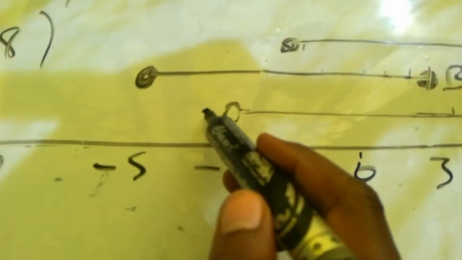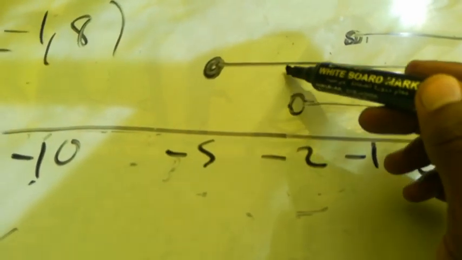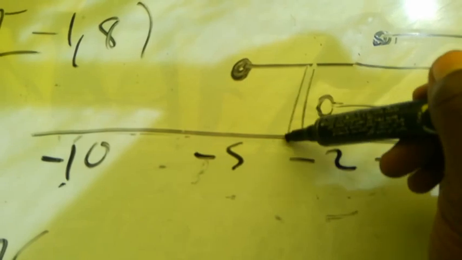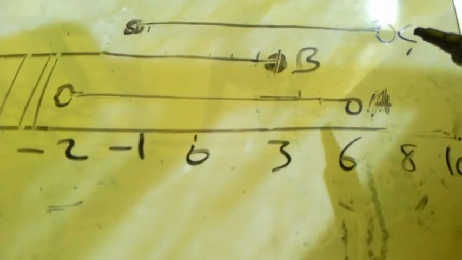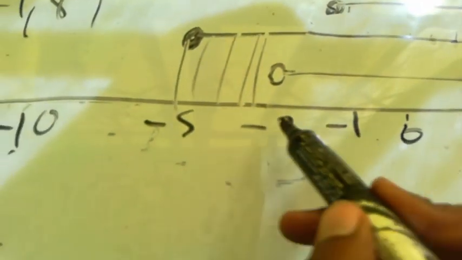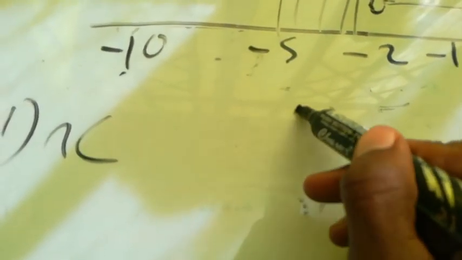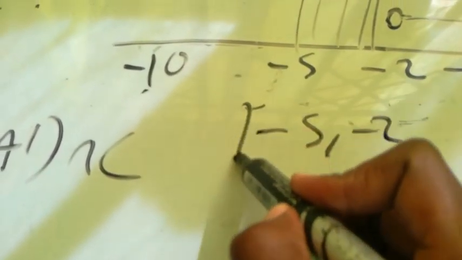So this is our B here, and our A complement is just the values outside A. So where these two intersect, this will be the intersection up to here, and notice that this part we won't have an intersection because where B ends, A is part of that. So this will be the only intersection. So we have -5 to -2. -5 is part of the set, and -2 is also part of the set, right?